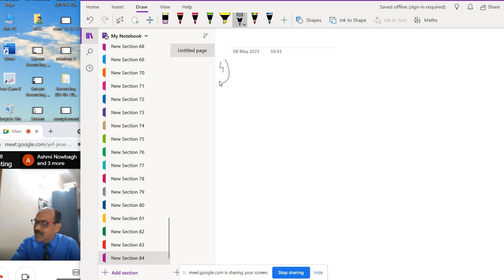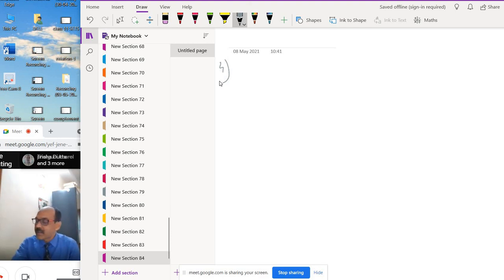So the relation is maintaining difference 2 always. That means Y set element plus 2 is X set element. Or you can say Y equal to X set element minus 2. X minus 2 is Y.